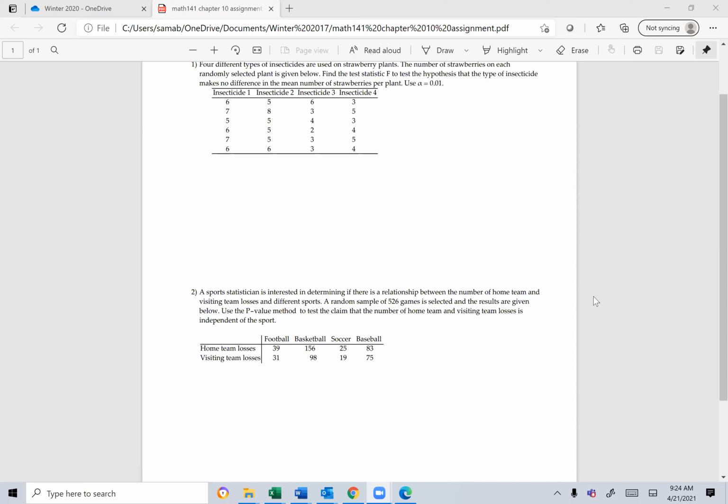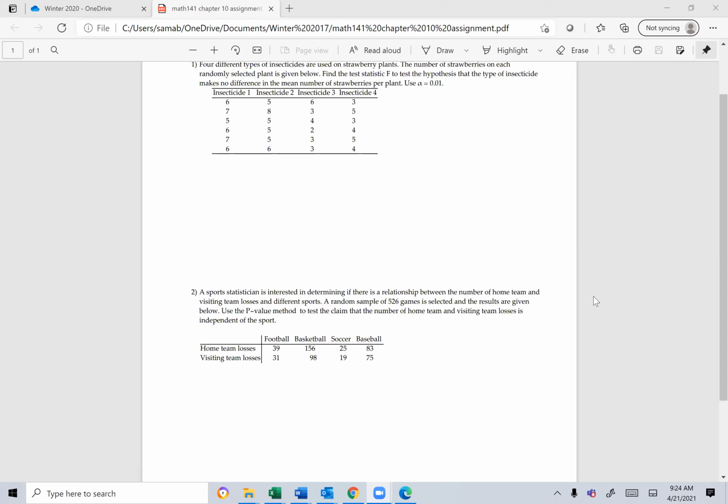So it doesn't matter what type of insecticide you use, it doesn't make a difference in the way the strawberries grow. That's what the test is about. Once you see more than 2 sets, more than 2 columns, right away it's an ANOVA test.